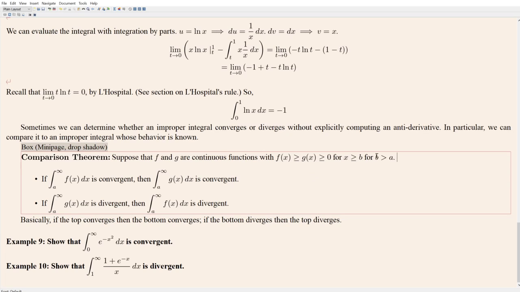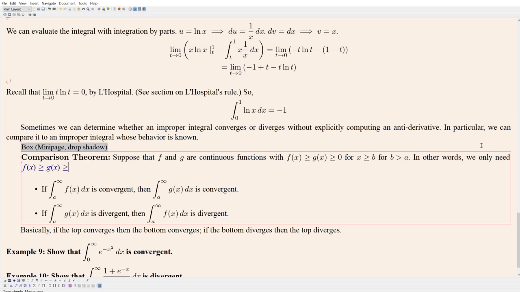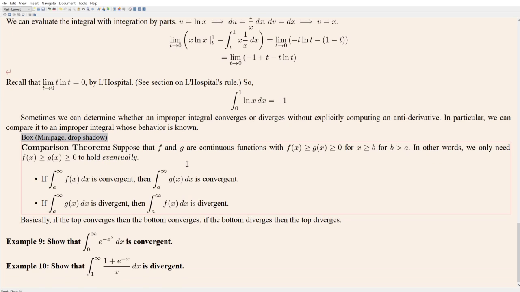So for x larger than b, for some b inside the interval. And the reason is because then we can just split the integral into two parts. We can split the integral into the part from a to b, which is finite, so it doesn't affect whether it converges or diverges, and then the only bit that really matters is the bit where these things hold true.